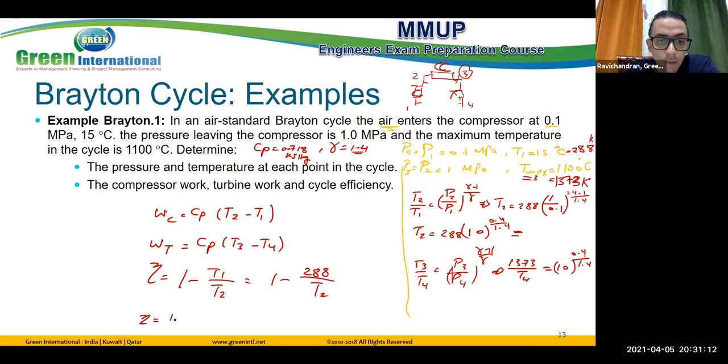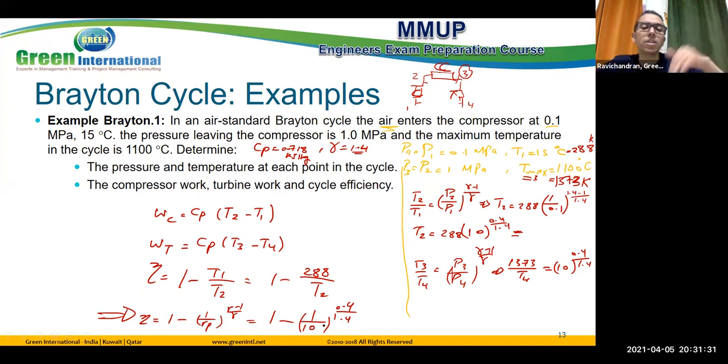Eta is equal to 1 minus T1 over T2, which is 1 over RB to the power gamma minus 1 over gamma. Do you know RB? So it's 1 minus 1 over 10 to the power 0.4 over 1.4. So we can get efficiency directly if you know RB, without any previous calculation. If you have any question, tell me please.